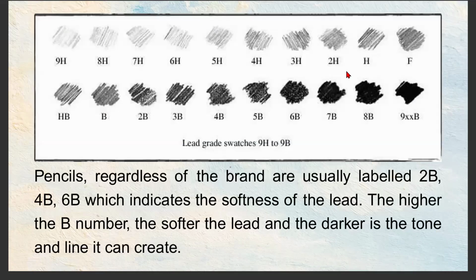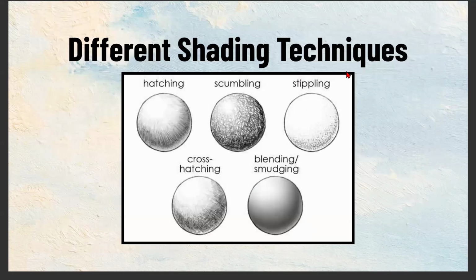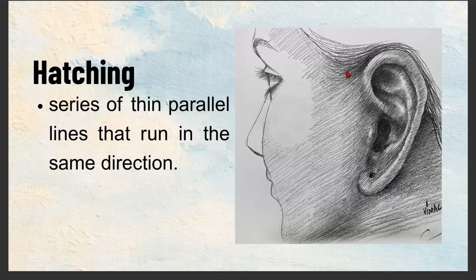In pencil, we have plenty of different shading techniques. The first one that we have is hatching. Hatching is a series of parallel lines, or even horizontal or vertical lines, but most importantly it's commonly drawn parallel.